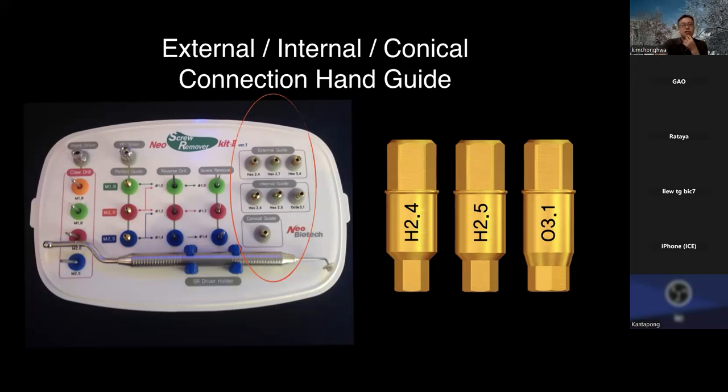These are the three different types of connection hand guides: external connection, internal connection, or even conical connection. This is basically to guide any rotary instrument inside implants without damaging the internal surface of threads or the threads.